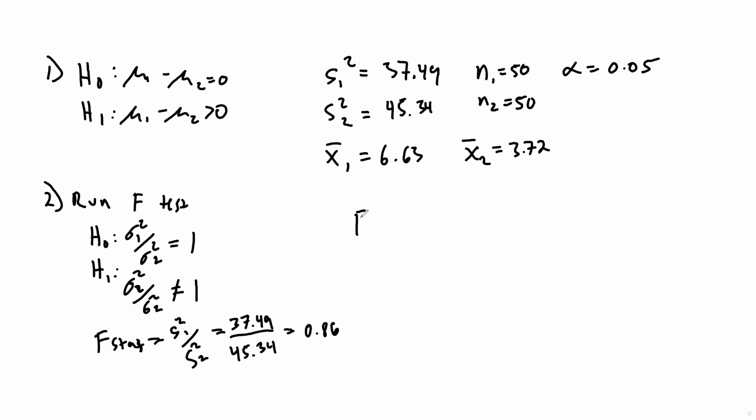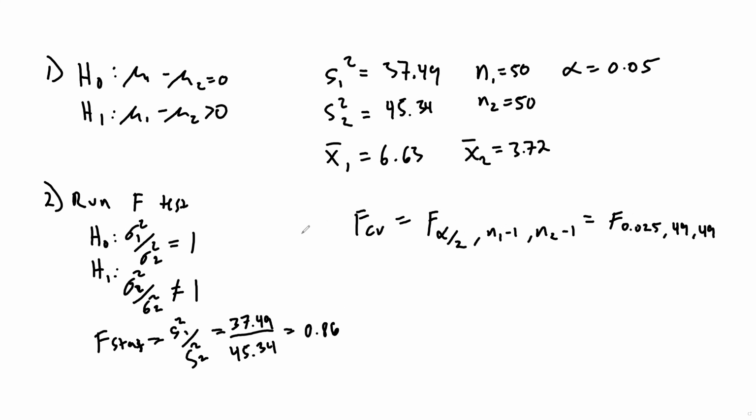Now you need your f critical value. So remember, f critical value for a two-tailed f-test is as such. F of alpha divided by 2, comma, n1 minus 1, n2 minus 1. So what this looks like is f of 0.025, comma 49, comma 49.